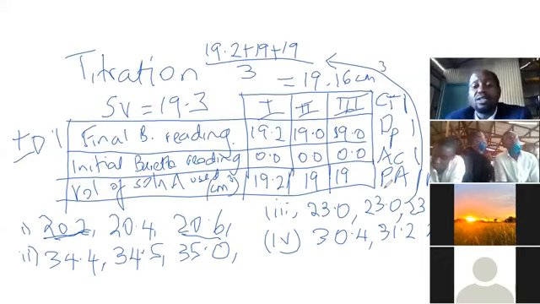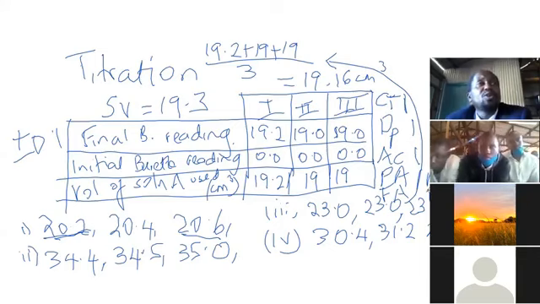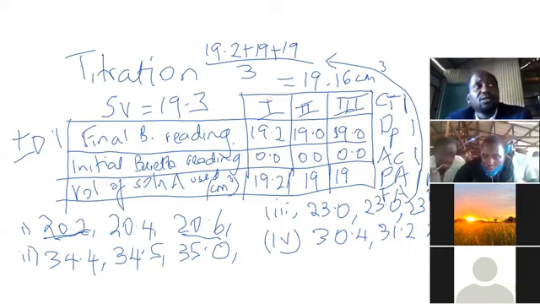And the last mark is called final accuracy, 1 mark. For a candidate to score on final accuracy, again, we look at the teacher's value and compare with the candidate's calculated average.